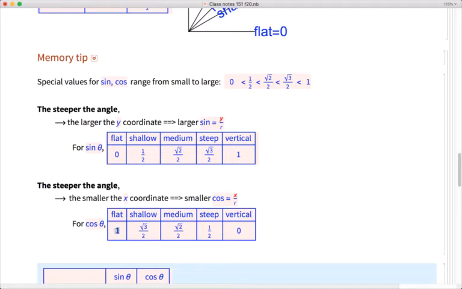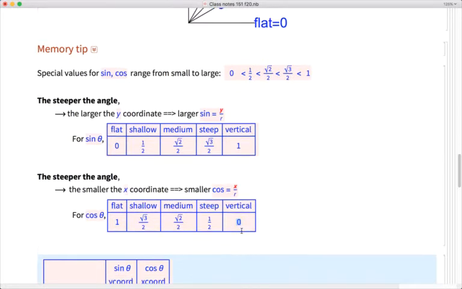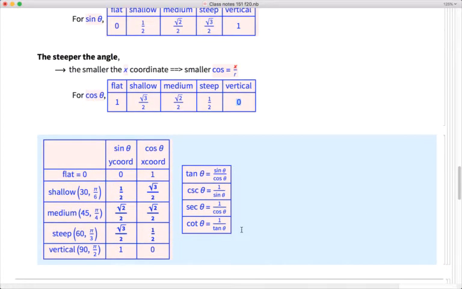So the steeper the angle, the smaller the cosine should become. So the cosine starts out at 1 when the angle is flat and works down to 0 by the time the angle goes vertical. So if you can remember that association, the table of memorized values comes down to this.